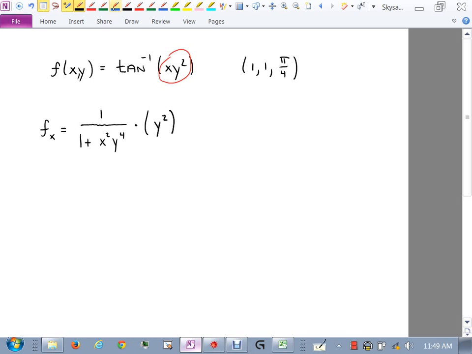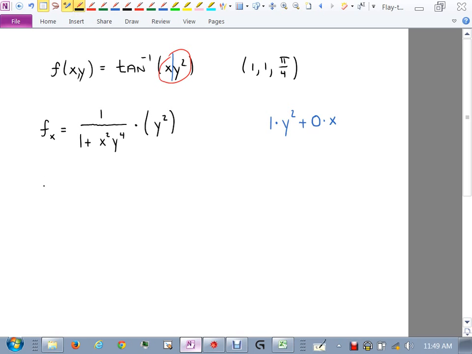But if you had done that as a product rule, then you would say, what's the derivative of x with respect to x, which would have been 1 times y squared plus the derivative of y squared with respect to x, treating y as a constant, which would mean it's 0, right? You would have had 0 here times x, and that's still y squared. So you should have got the same thing either way.